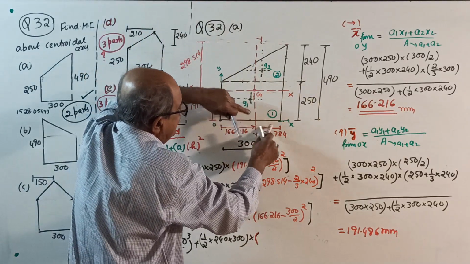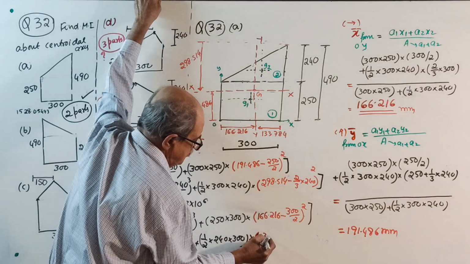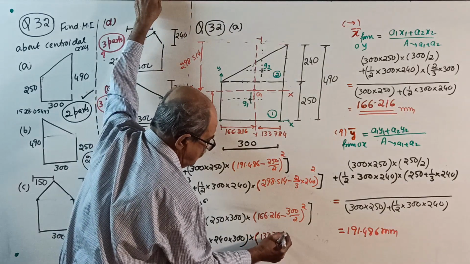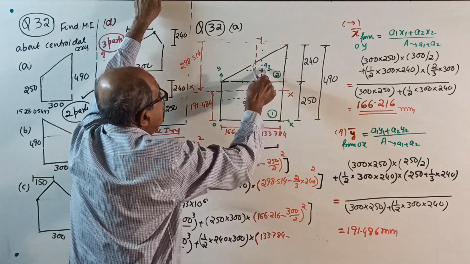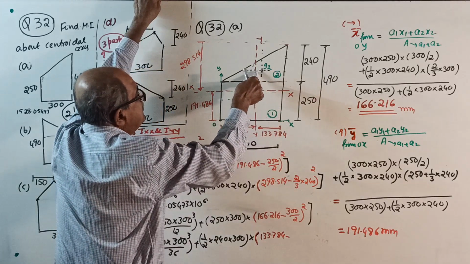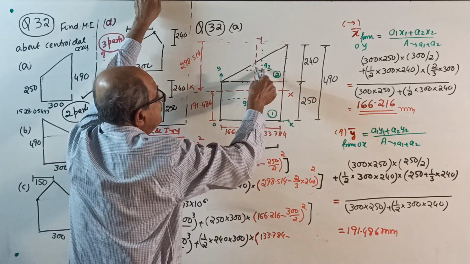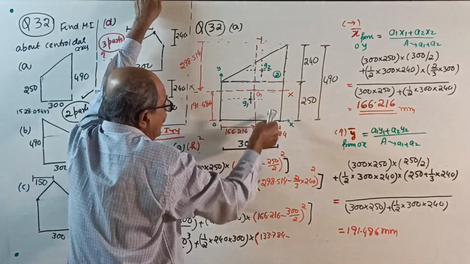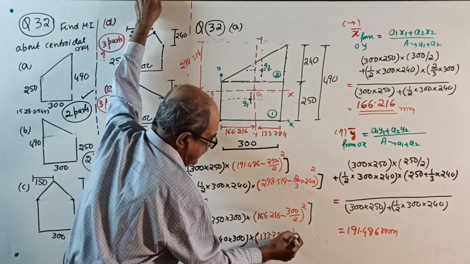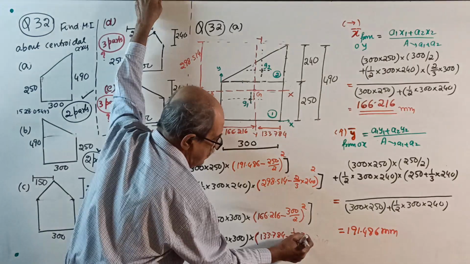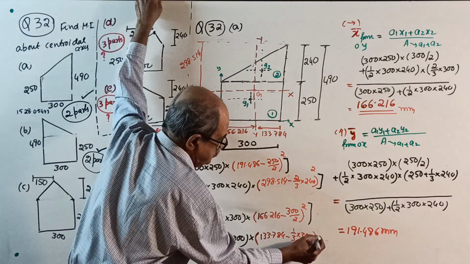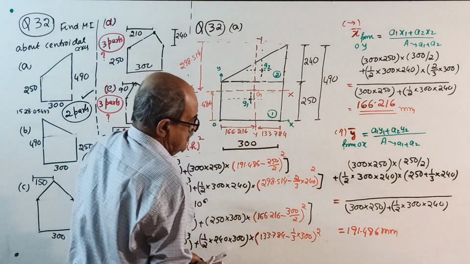This is 133.784. Minus the distance from here to here, 1 by 3 of 300, minus 1 by 3 of 300 close square.